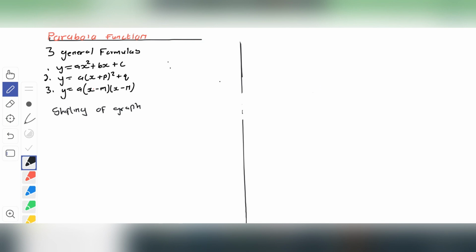Okay guys, now let's do the examples. Shifting of the graph.